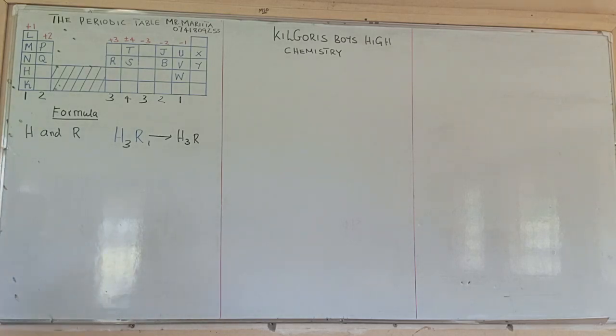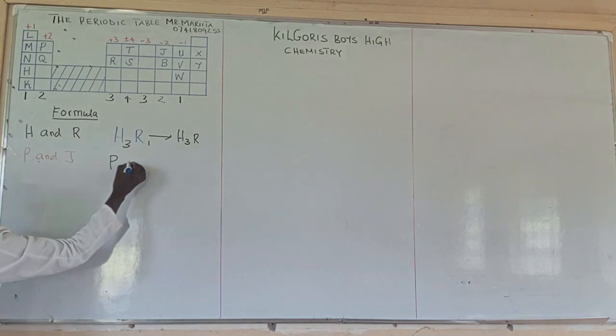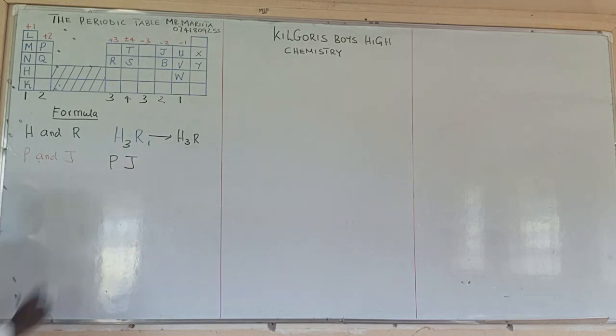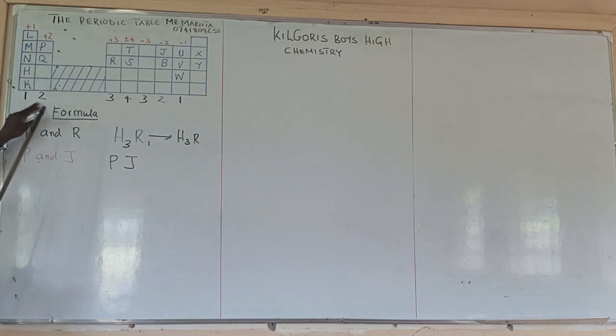Suppose now you are told to write the formula of the compound formed between element P and element J. So we have element P and element J. You pick element P, then you have J. Now you check this number. In P we have number 2. This number 2 we take to J. So P has a valence of 2.